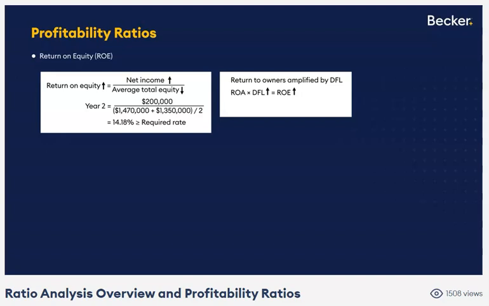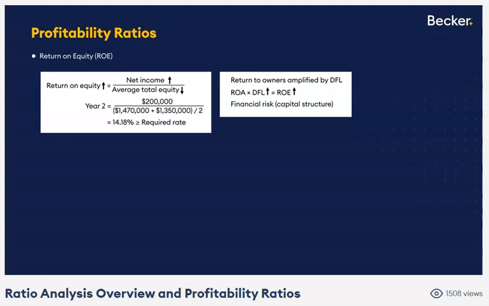That is directly related to not only the return on asset, but the financial risk management is willing and able to assume, the capital structure, all righty, that degree of financial leverage. Just crunching the numbers in a single ratio, net income divided by average total equity, because we're mixing income statement and balance sheet, self-evident, we want that return on equity to be greater than or equal to our required rate.